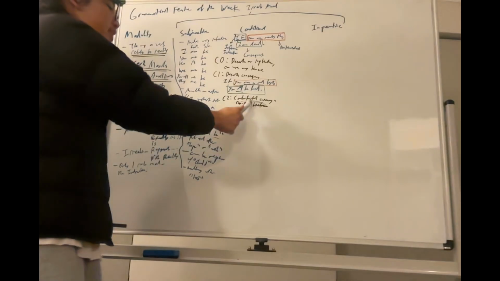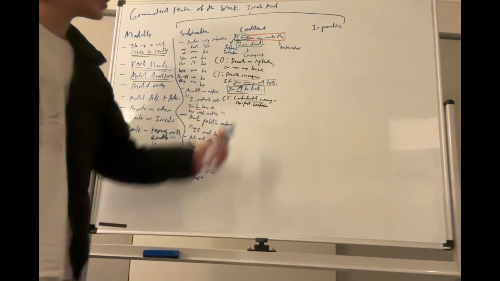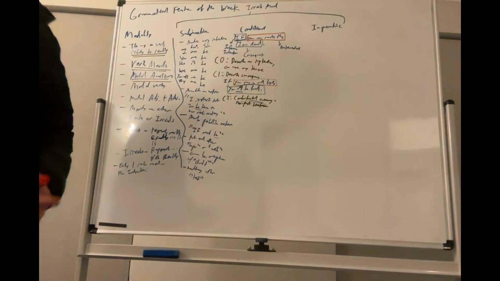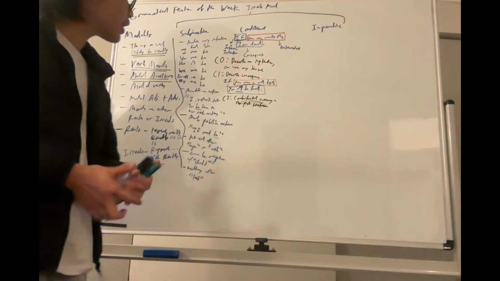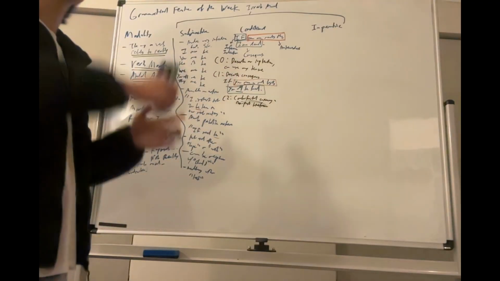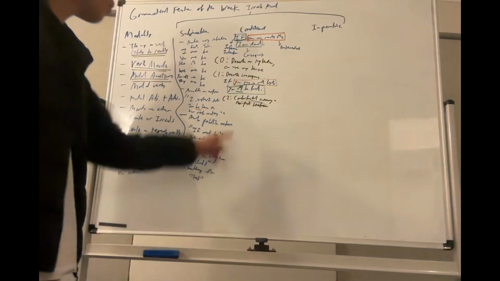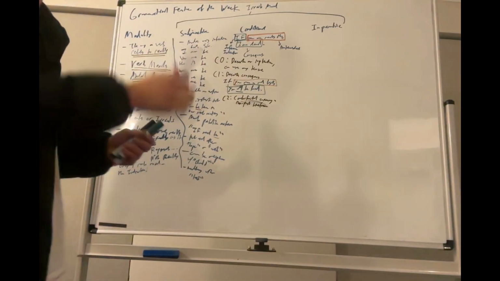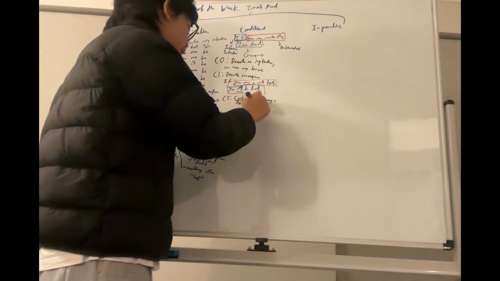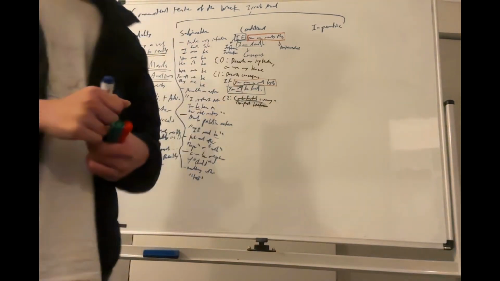What does it mean that it is concerning a non-past time frame? Well, that means, just like C1, that it has not happened yet. This is another level of more hypothetical. What does counterfactual mean? It means that it will not happen.